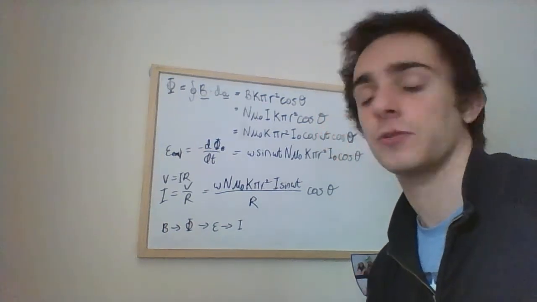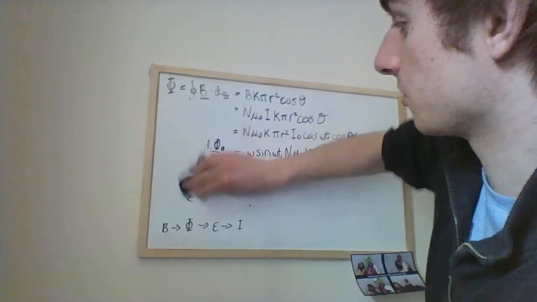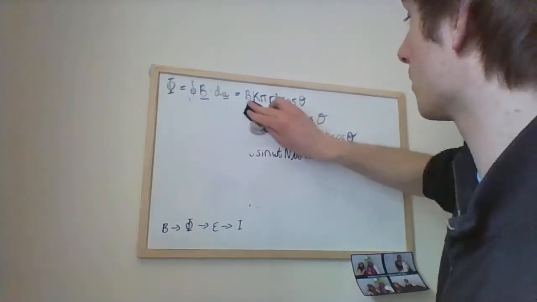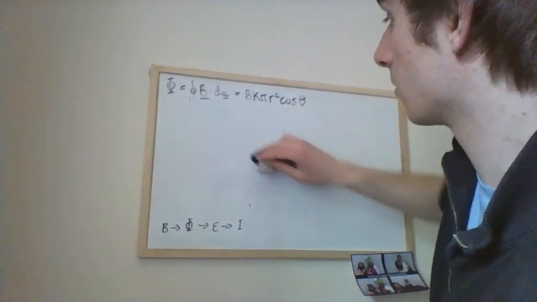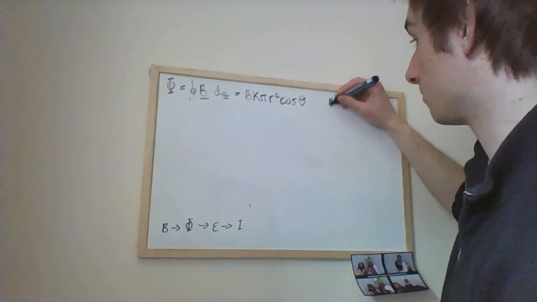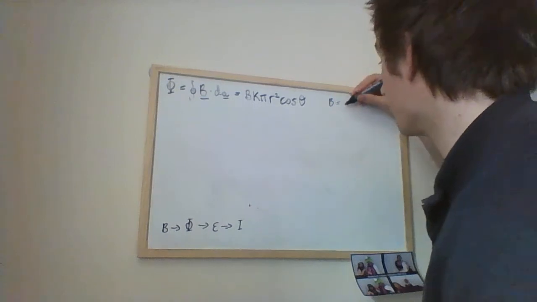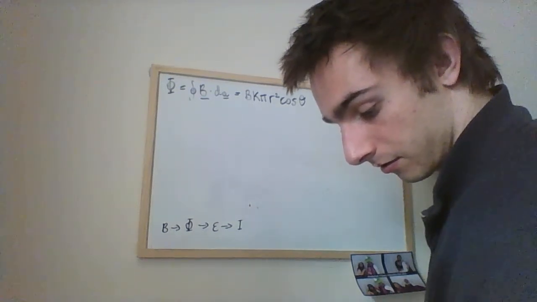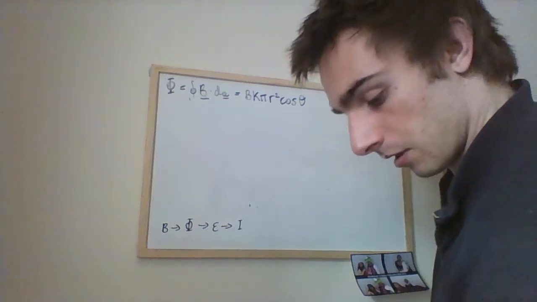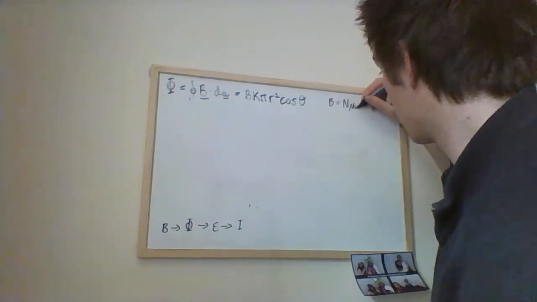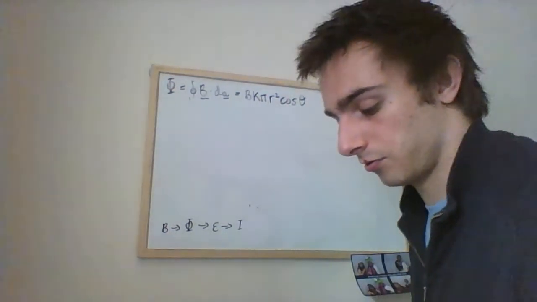We've got the same solenoid, so we don't need to find another expression for B. We can just use our one from before that said B equals N mu naught I. Okay, so we have our solenoids.